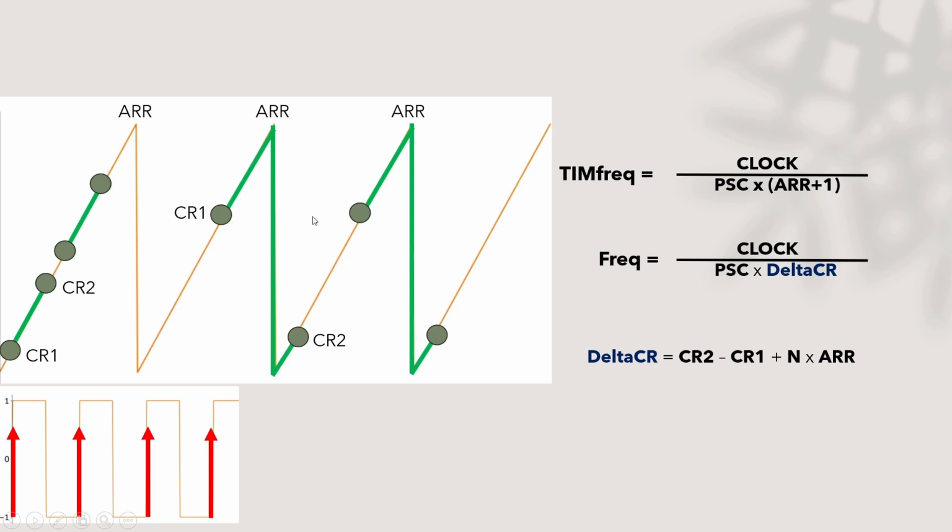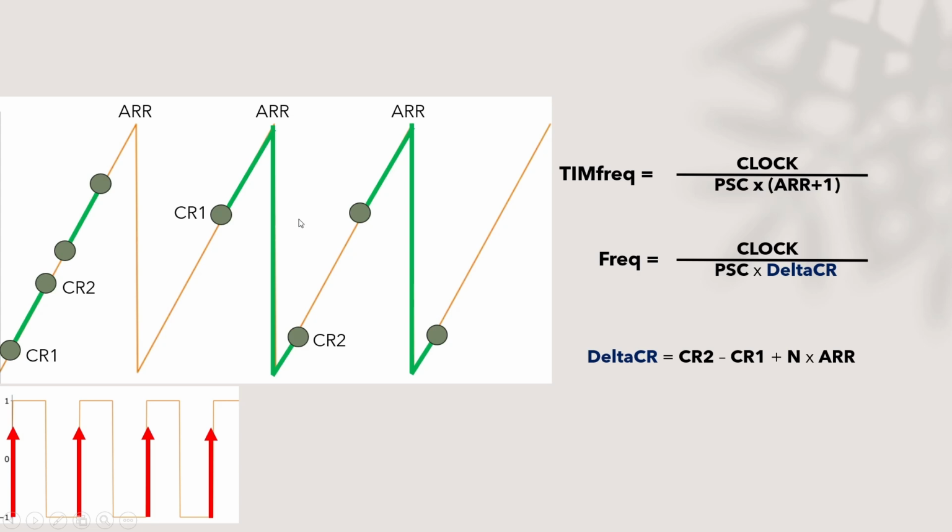And this typically happens when the signal we're trying to capture has a frequency that is lower than the minimum frequency of the timer. Because this gives us the minimum frequency we can catch in one cycle, so before reaching an overflow.